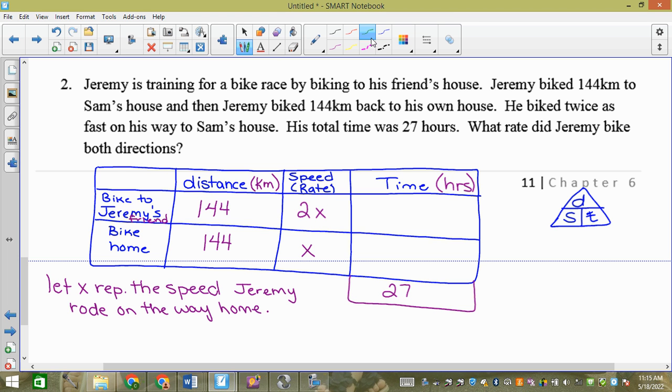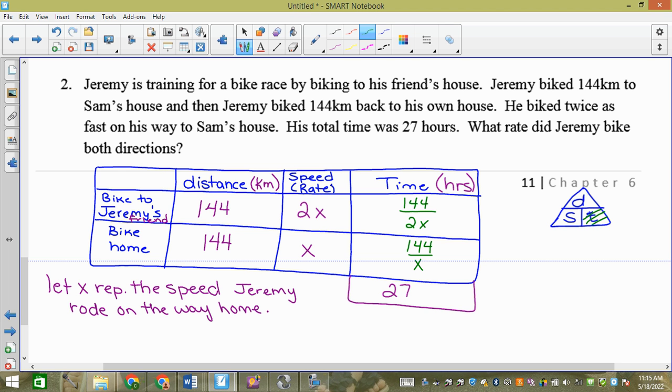So if I cover up the time part, it's distance over speed. I have distance and I have speed, right? So the time here would be 144 over 2x. And this one is going to be 144 over x. Do you see that? Does that make sense? So the two missing spots will always be filled in using the formula.